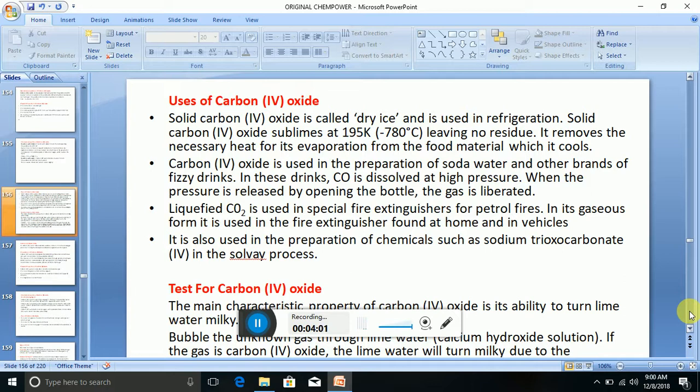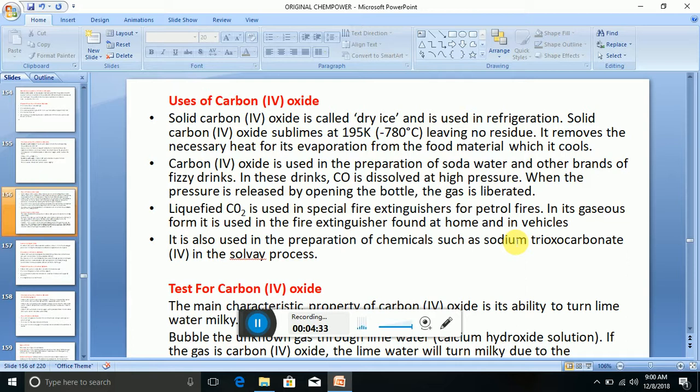Solid carbon (IV) oxide sublimes at 198 Kelvin, or minus 78 degrees Celsius, leaving no residue.